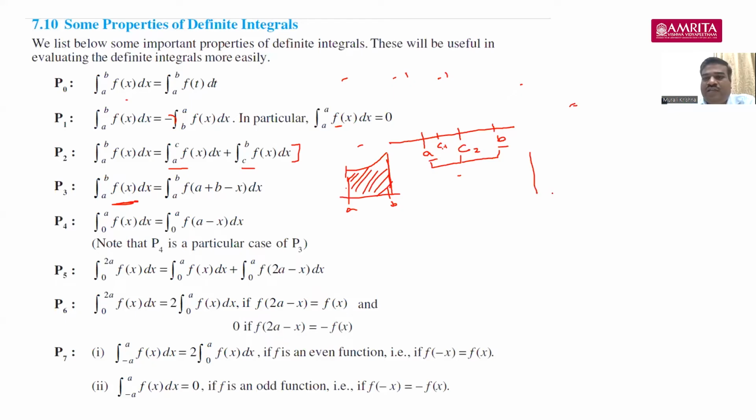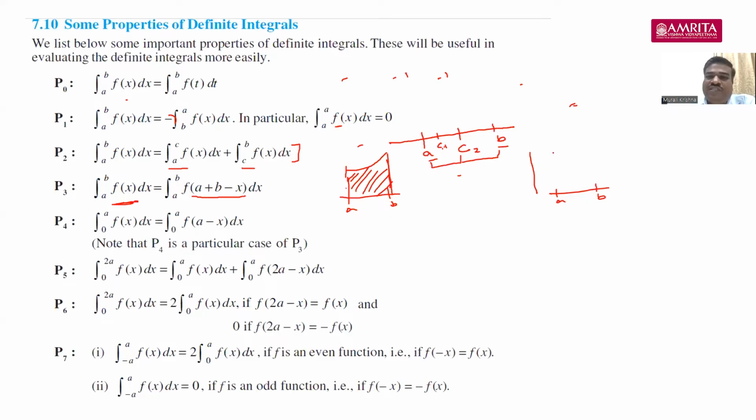Under the limits x equal to a, x equal to b, please observe here: if you put a in the place of x, you will get f of b. That means at a, the function is changed to f of b instead of f of a.